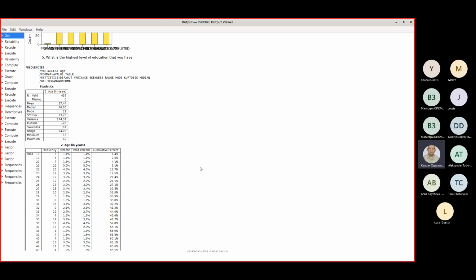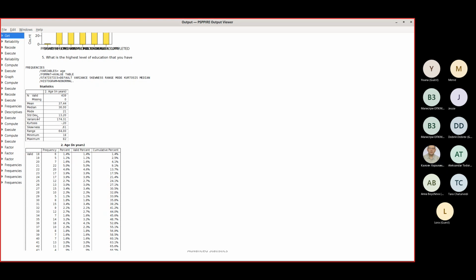The next group are the measures of dispersion. Here we have two measures. First is standard deviation. Standard deviation is the average deviation from the average mean.